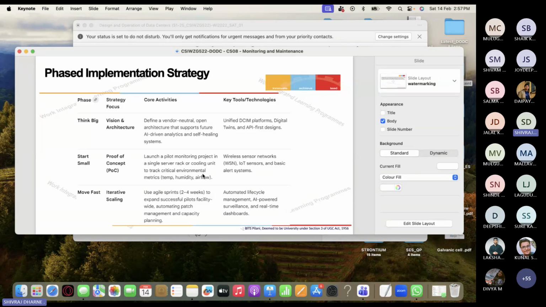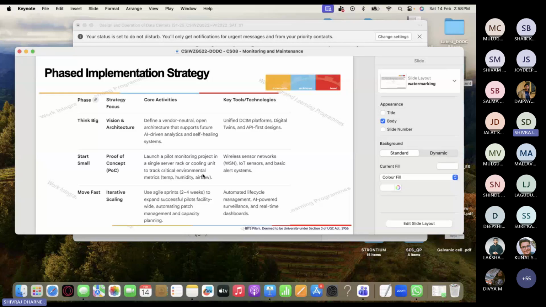And there are tools and technologies available. For example, for move fast, there are automated lifecycle management systems, AI powered surveillance systems, or real time dashboards using Power BI or some other technology. People have come up with this. You can Google search and find so many systems.